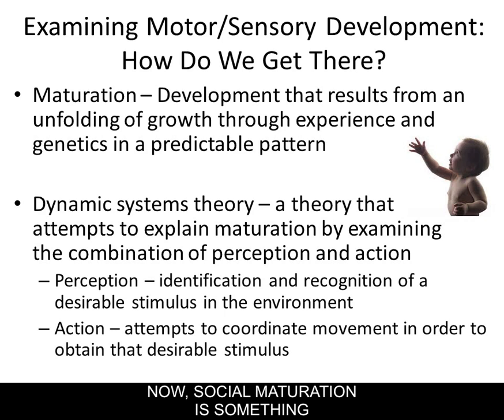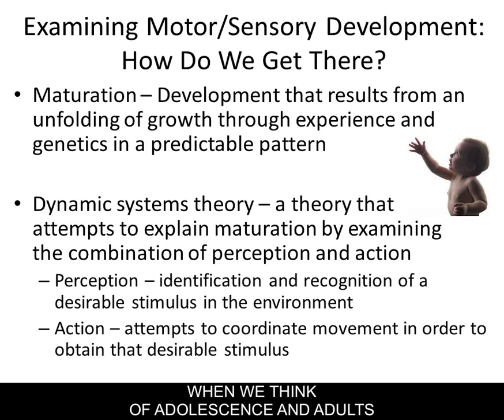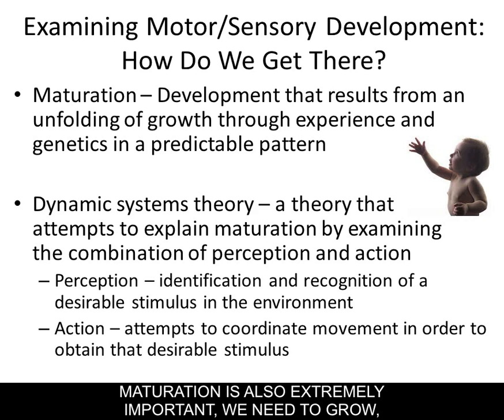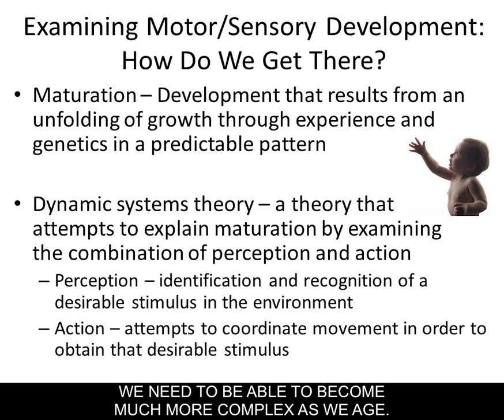Now, social maturation is something that we typically think of when we think of adolescents and adults, but in the motor and sensory system, maturation is also extremely important. We need to grow, we need to become much more complex as we age.